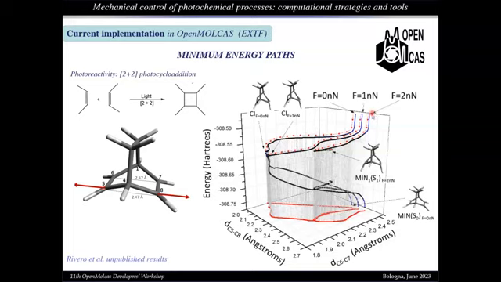So here we have different minimum energy paths with 0 force, 1 nanonewton force, and 2 nanonewtons. So the minimum energy paths are different. In this case, they go to a conical intersection, but in this case, for large forces, it reaches a minimum on S1.